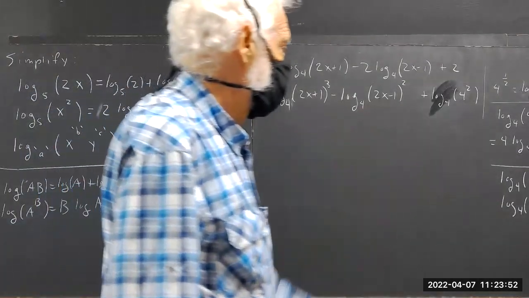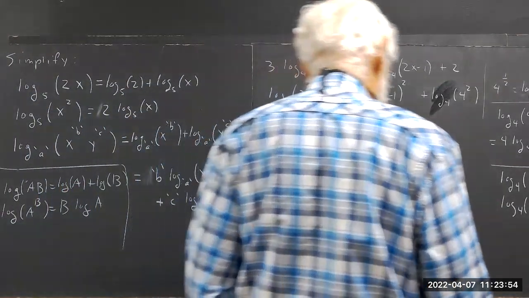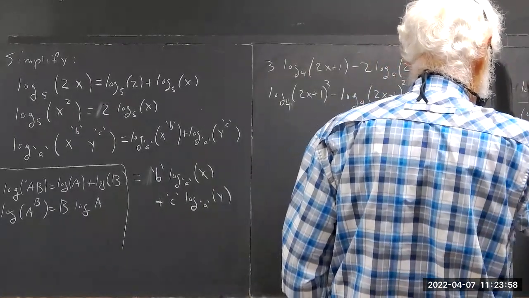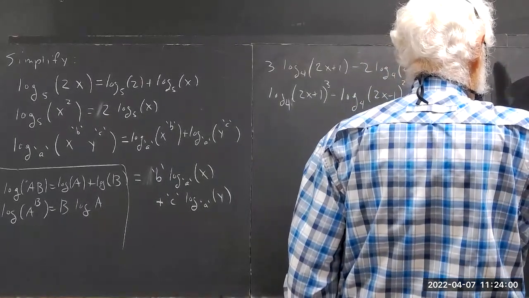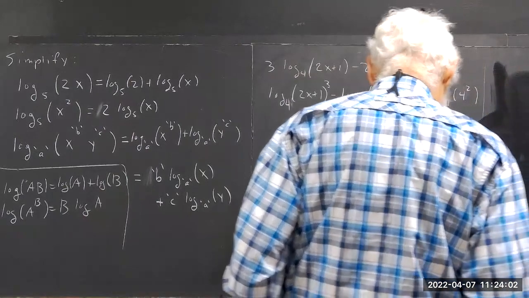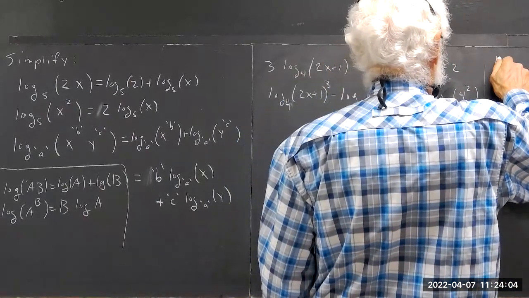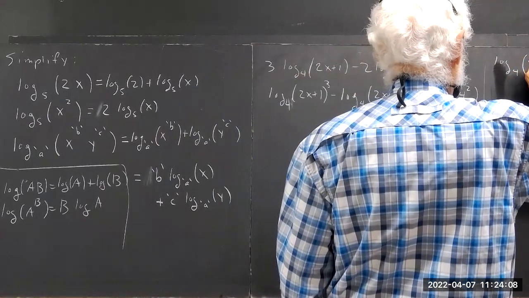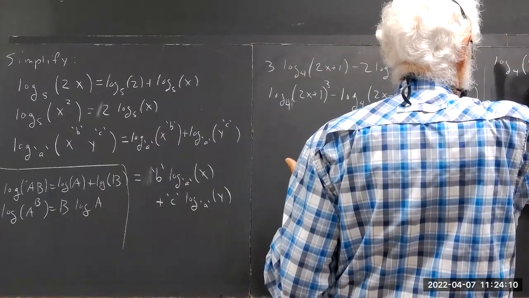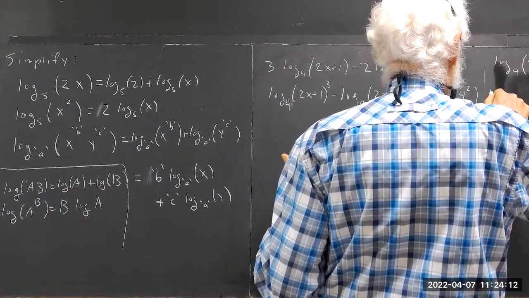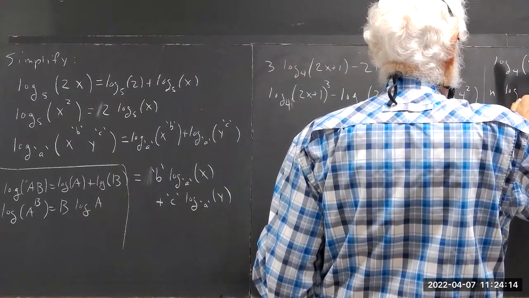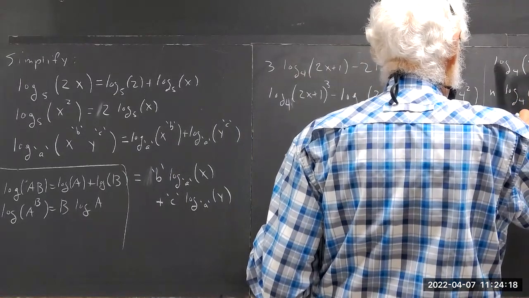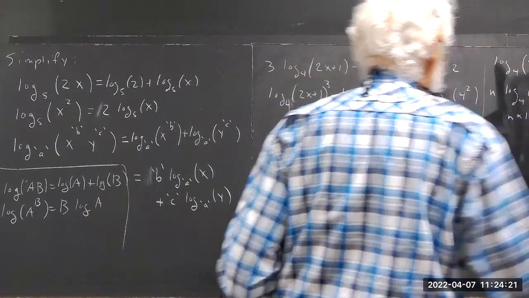Again, we could express generally log base 4 of 4 to the n equals n log base 4 of 4 equals n times 1, which is n.